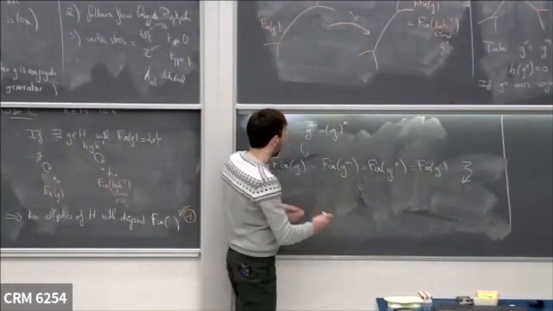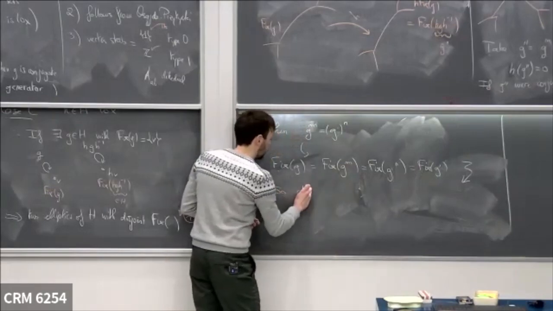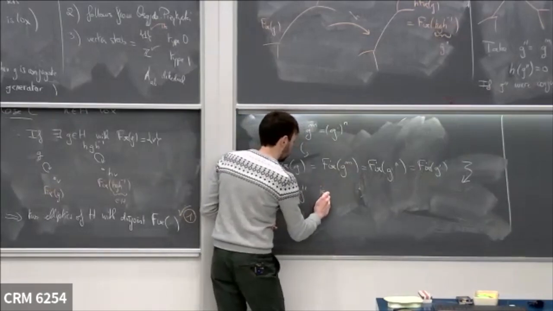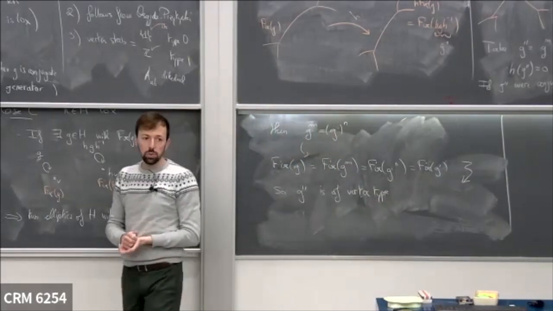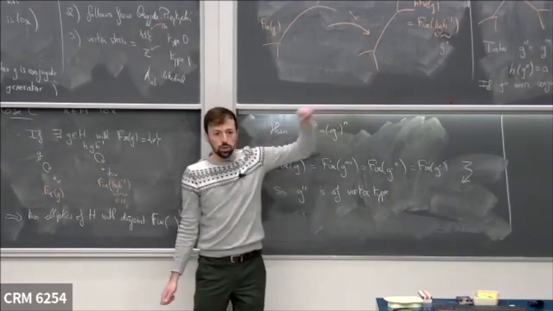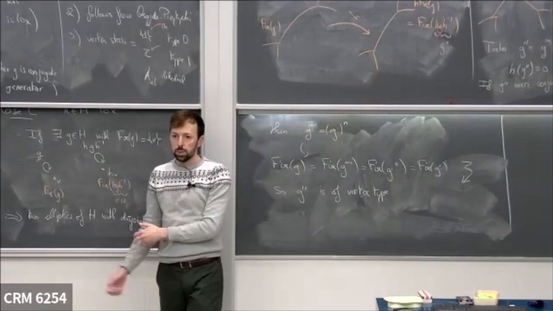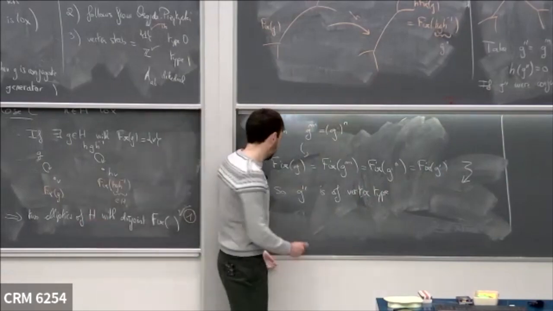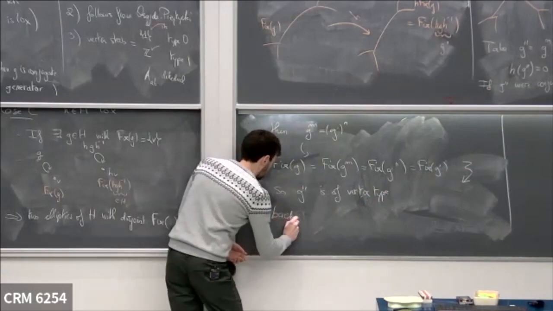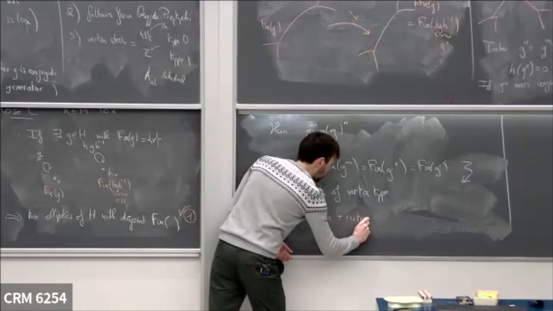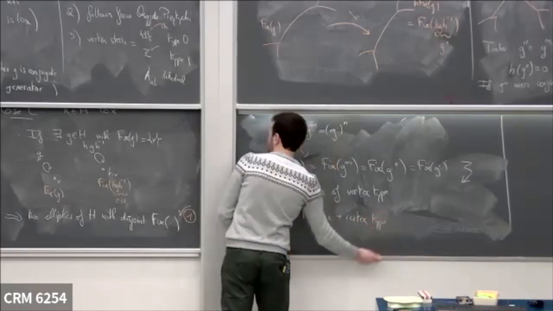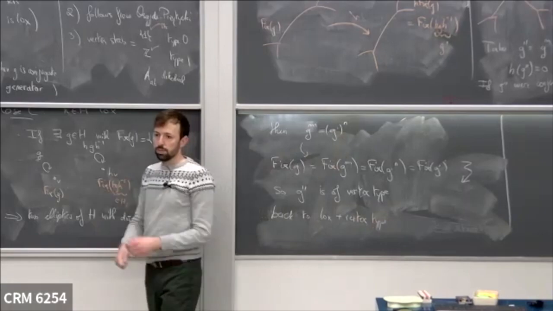And so that tells us that G second has to be of vertex type. So its fixed point set has to be that single vertex at the intersection between the two. And so now we're back to the previous situation, back to loxodromic plus vertex type, which is the picture we had before, which is that one.